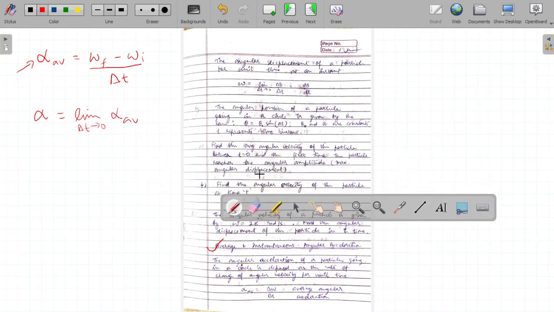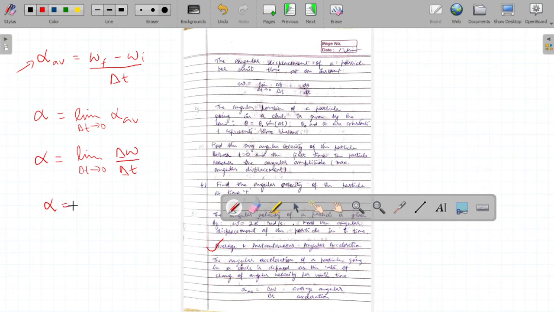That is, we are calculating the value of average angular acceleration only, it's just that the time interval is approaching very small values. So final angular velocity of the particle minus initial angular velocity of the particle can be written as delta omega, and the denominator would remain as it is.